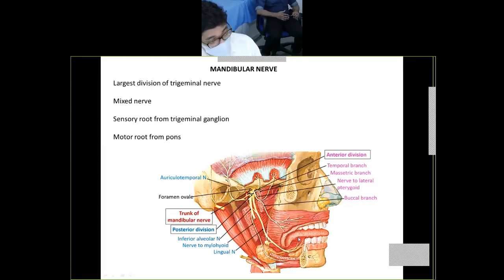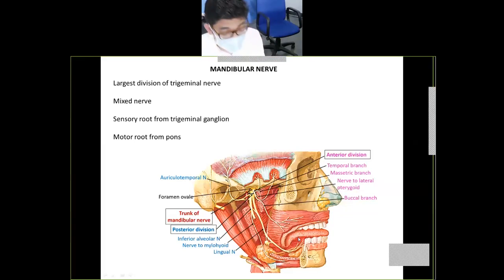Four ganglions. Again, I'll repeat: ciliary, otic, pterygopalatine, submandibular. Four ganglions are there. Now, these will be controlling the parasympathetic secretion, the cranial part.